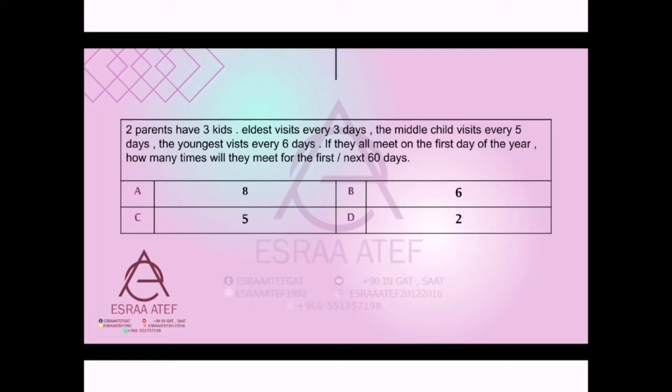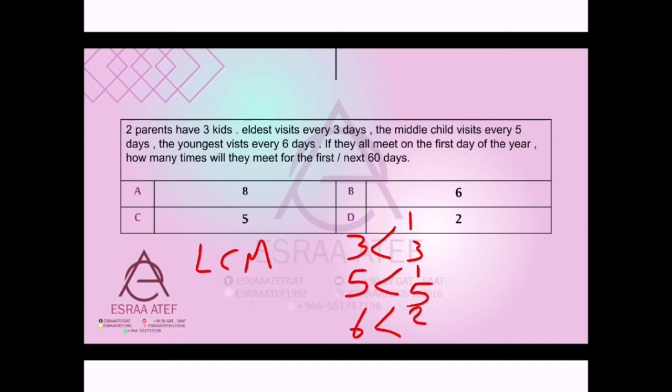This problem we can solve by LCM. How can we get the LCM? We have 3 days, which means 1 times 3, and 5 days, which means 1 times 5, and we have 6, which means 2 times 3. The 3 is repeated, so we will take only one of it, 1 times 3.